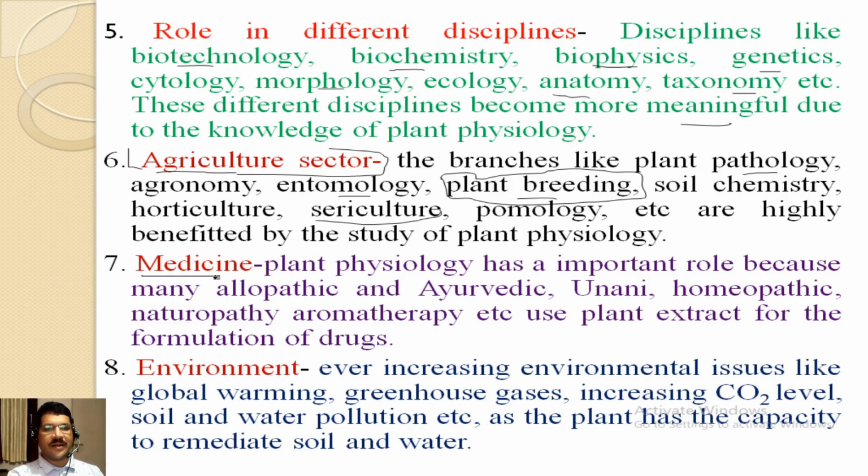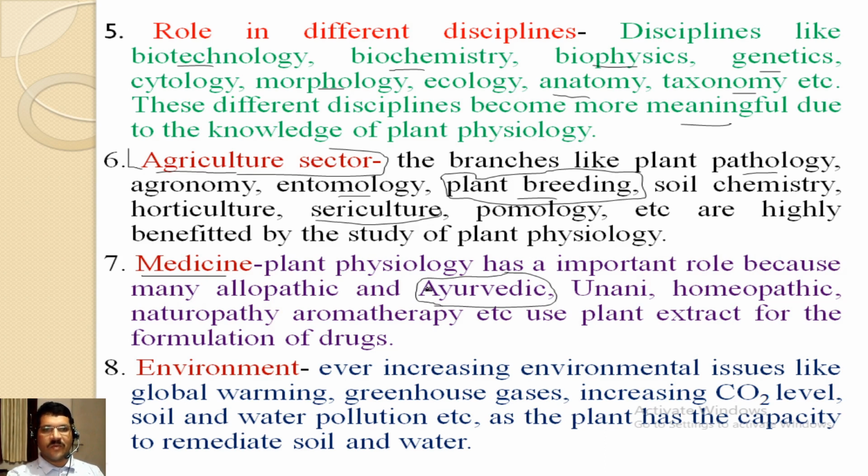The seventh point comes to medicines. There are different types of medicines produced by allopathy, Ayurveda, Unani, homeopathy, naturopathy, aromatherapy, etc. All these medical sciences use plants as a product or raw material.